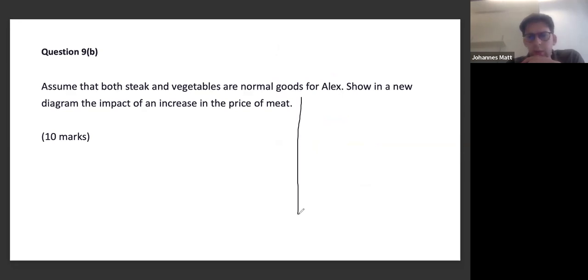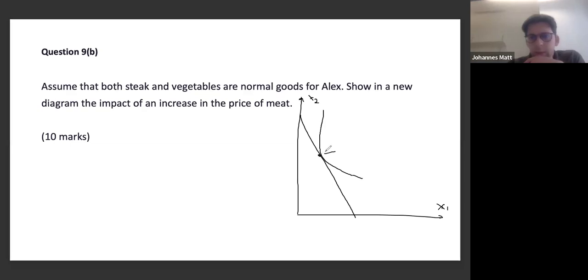So let me just quickly replicate what we just had here, even though I just deleted it. So this was vegetables and this was meat. Right? And we had a budget line that went something like this. And we picked a utility level on this curve somewhere here.